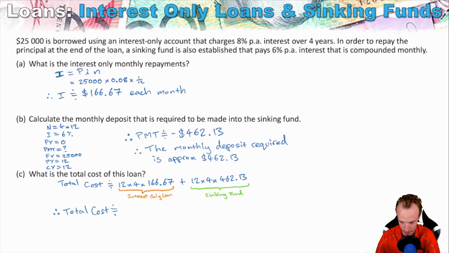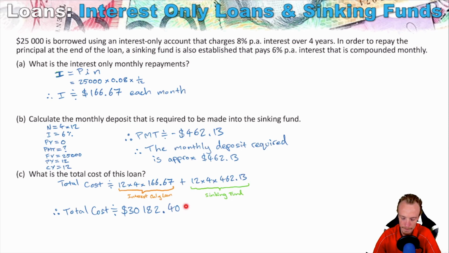It's actually really useful to keep multiple calculators when you're using the financial app in one of them, because it allows you to do these calculations in a different one. So the total cost is approximately $30,182.40.